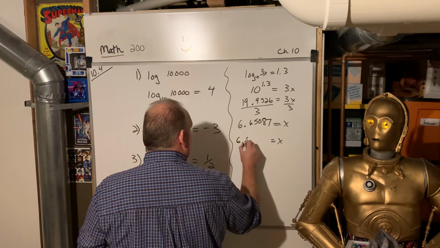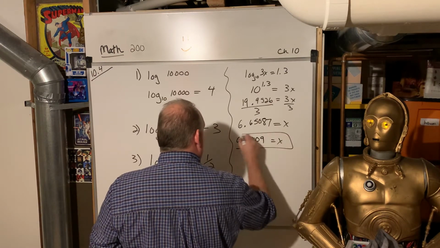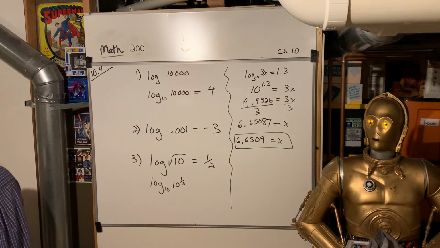So 6.6509 is the correct answer. And on the key, it says divided by 3, but I didn't divide by 3.